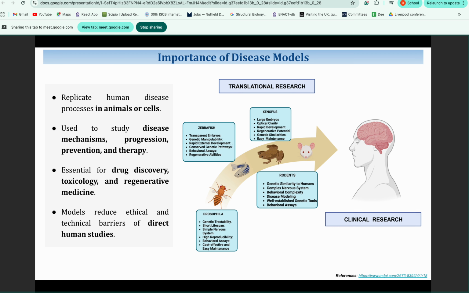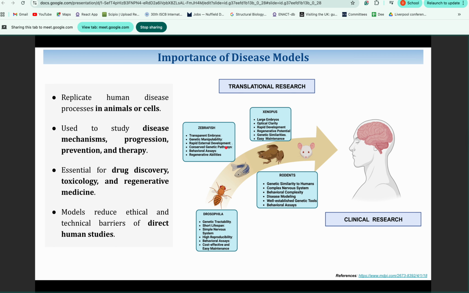If we want to study a certain disease related to a particular gene, because these organisms share some gene similarity with us, we can specifically target that gene, mutate it, and modify it to see how it leads to a change in phenotype in that organism. That is known as genetic manipulability.